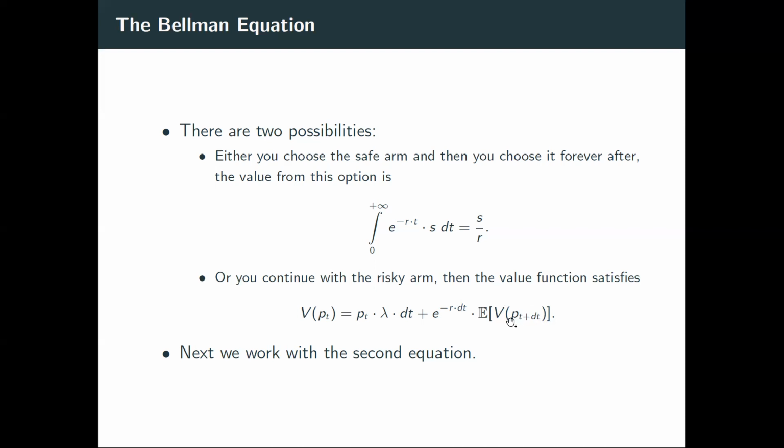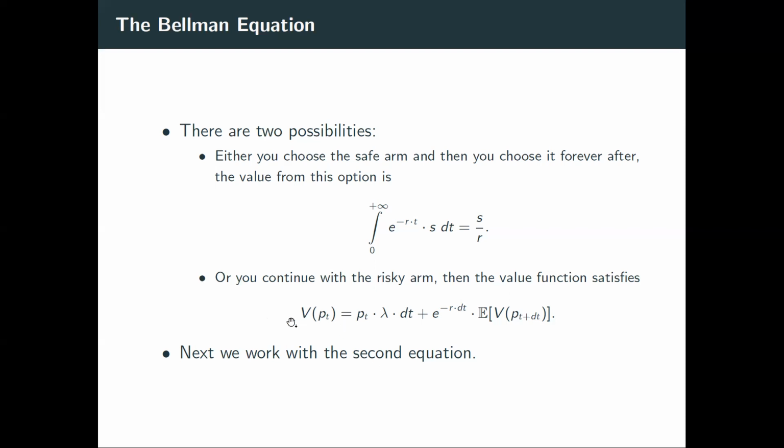Here, the expectation is basically with respect to this p_{t+dt}, right? So here in the first case it's a kind of degenerate Bellman equation. It's just a number, which we can easily calculate, the value of using the safe option forever after. Here is a meaningful Bellman equation for the risky arm, for the region where you actually use the risky option.